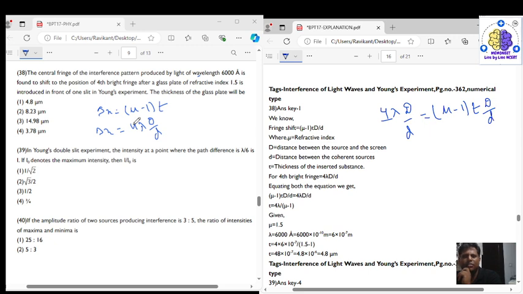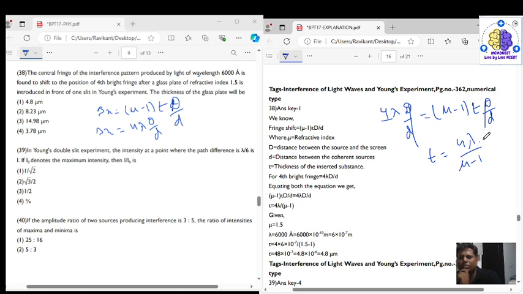Here we have capital D by d. Now this capital D by d cancels out, right? So we get thickness t is equal to 4 lambda upon mu minus 1.